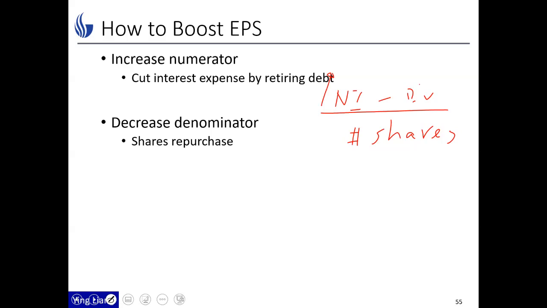We call this retiring a bond, retiring debt. So that's one way. The second one is to think of the denominator. Denominator is the number of ordinary shares outstanding. Well, you can reduce the denominator to boost up the whole EPS, right? So you reduce the number of shares by share repurchase.